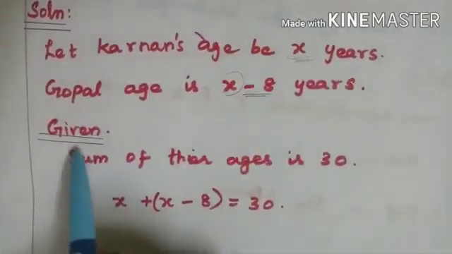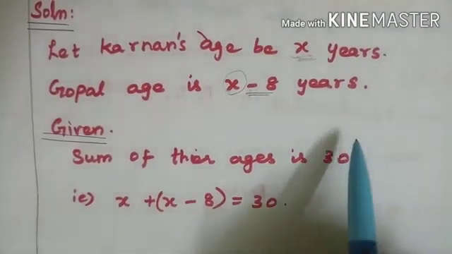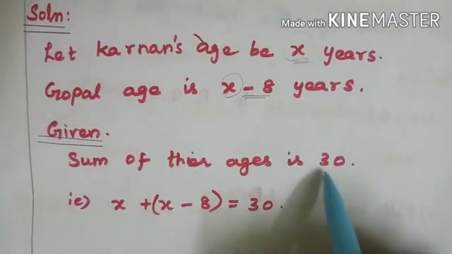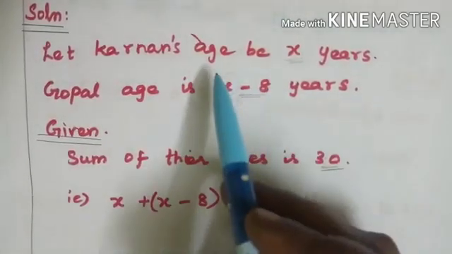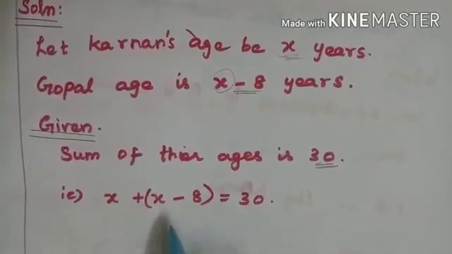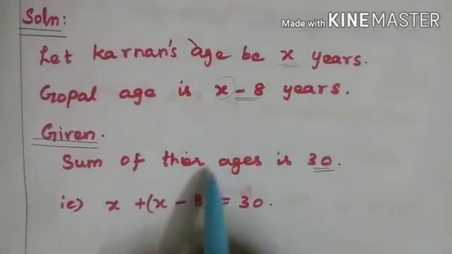Now what is given in the question? Sum of their ages is 30. When we are adding the two persons' age, we are getting 30. Now we are going to find Karnan's age and Gopal's age. But the question is asked only Karnan's age. So see here, sum of their ages.